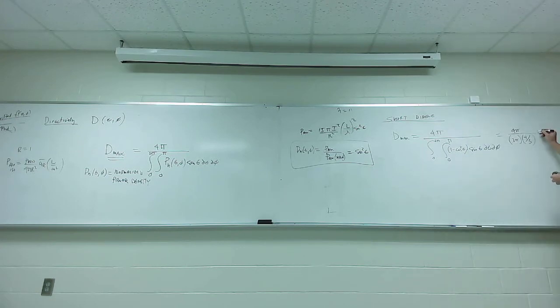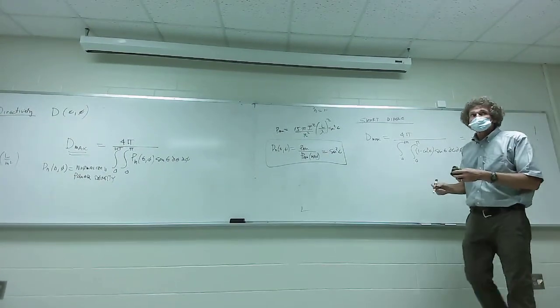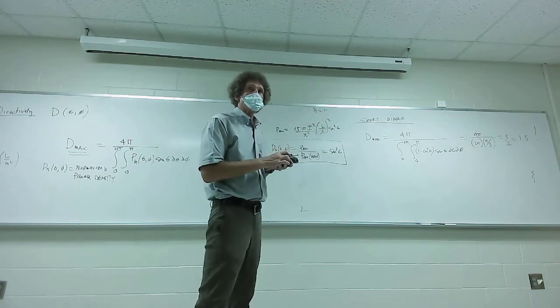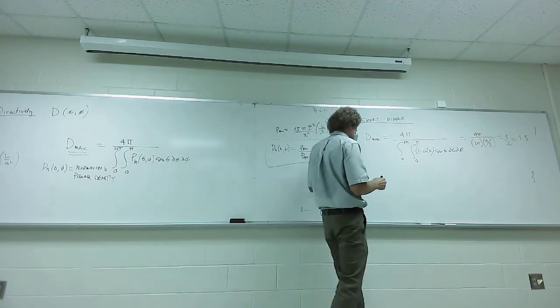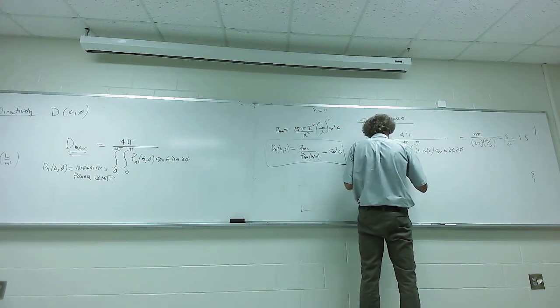The 4's cancel, the pi's cancel, you can see it's 3/2 or 1.5. Now, this is true for all small short dipoles. The directivity maximum will always be 1.5. So for a short dipole, it's 1.5.